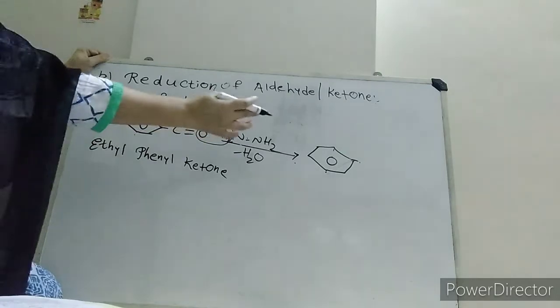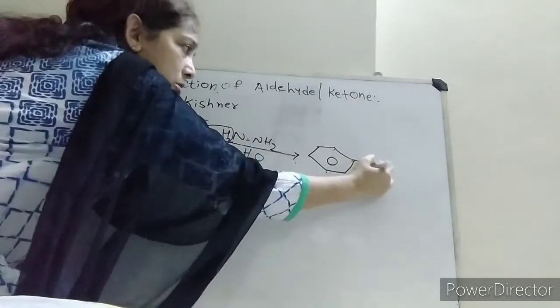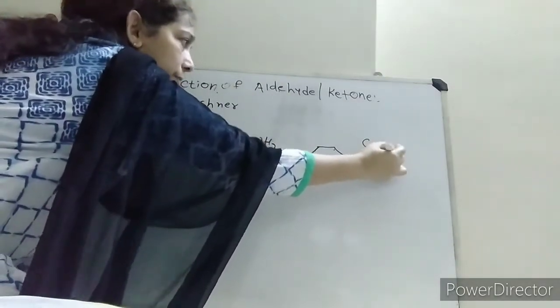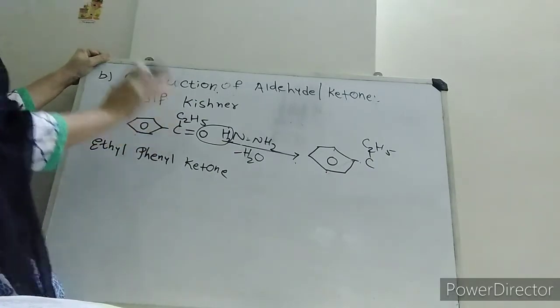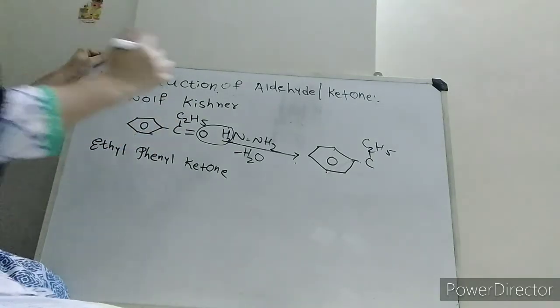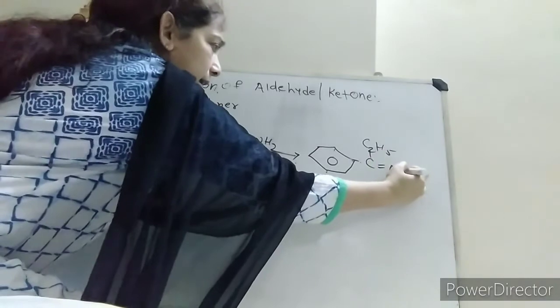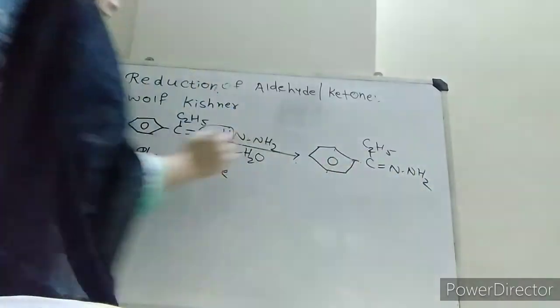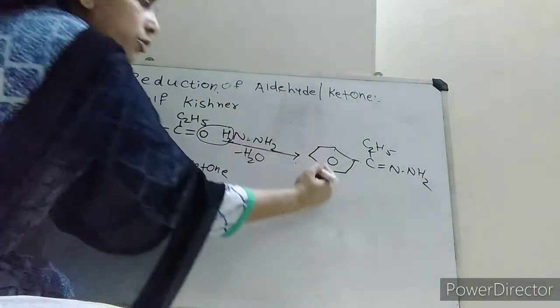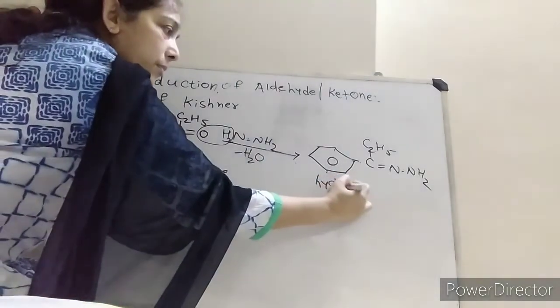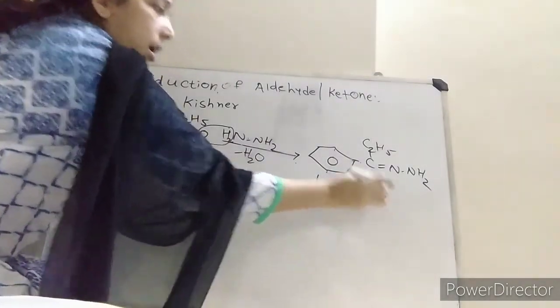It is C2H5. Now this double bond remains as it is, with NNH2. So this hydrazine is converted to the hydrazone.